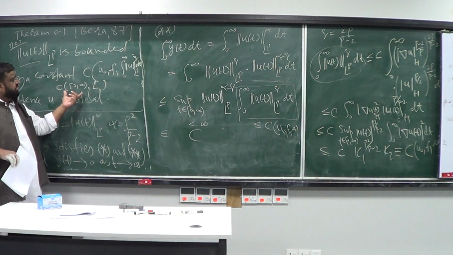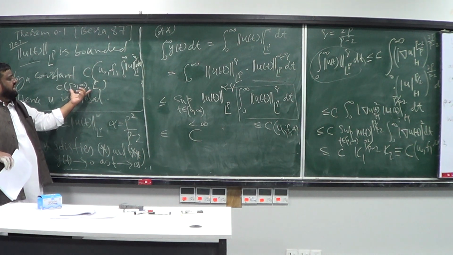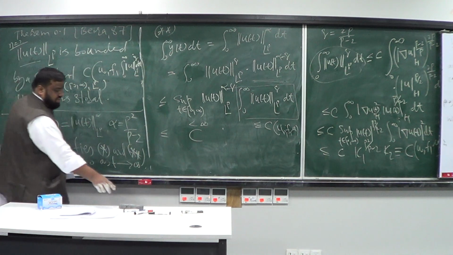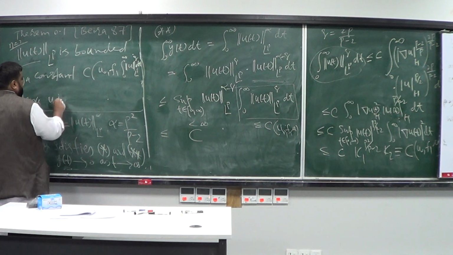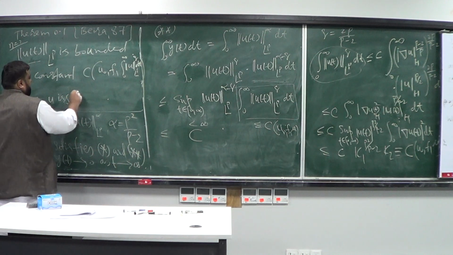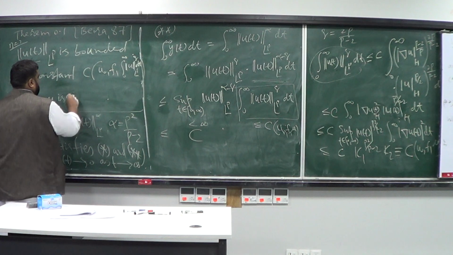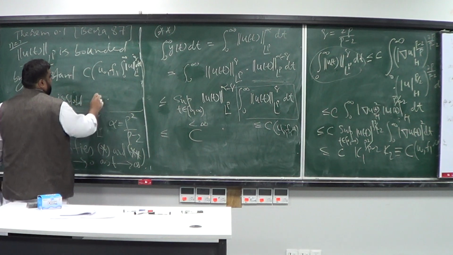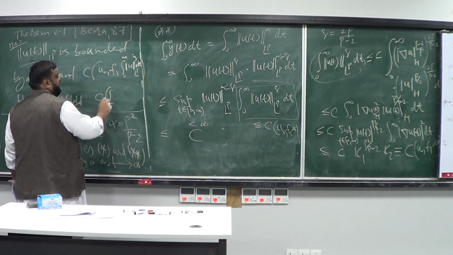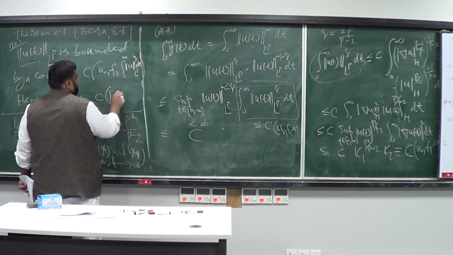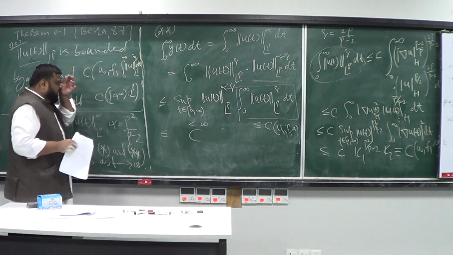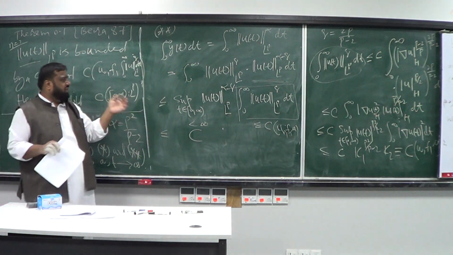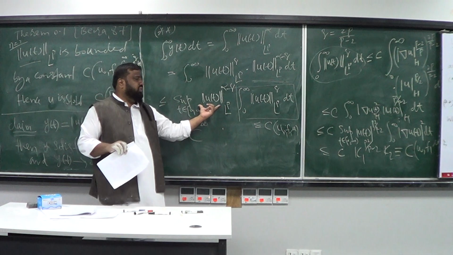Since we had a global solution that lives in this space, as I mentioned at the beginning of this discussion, using this norm it is not difficult to see that this must also be finite.